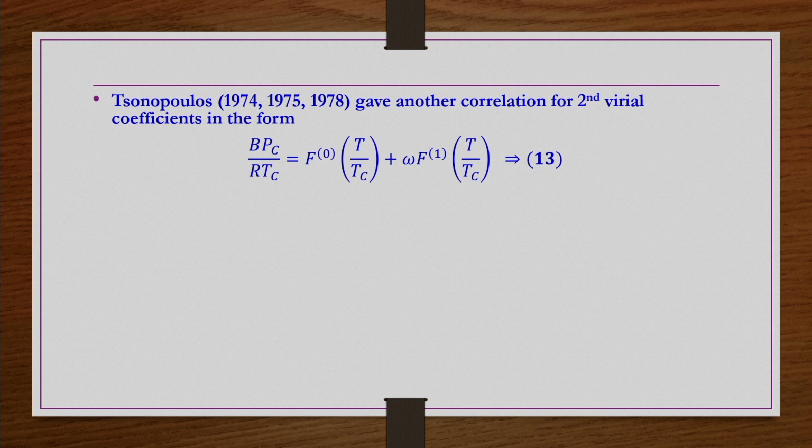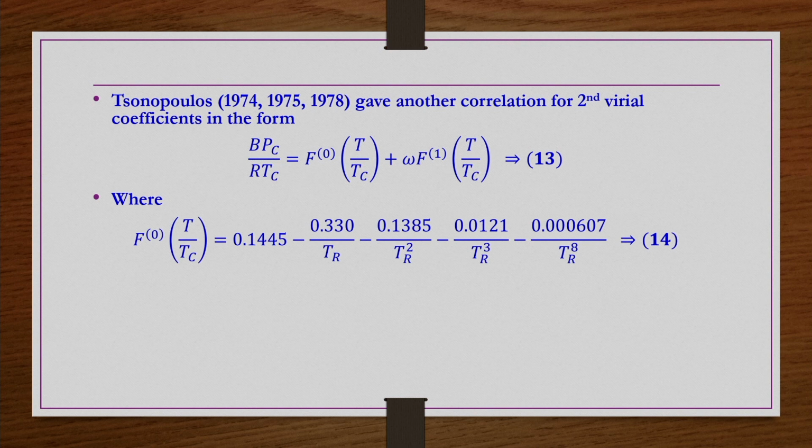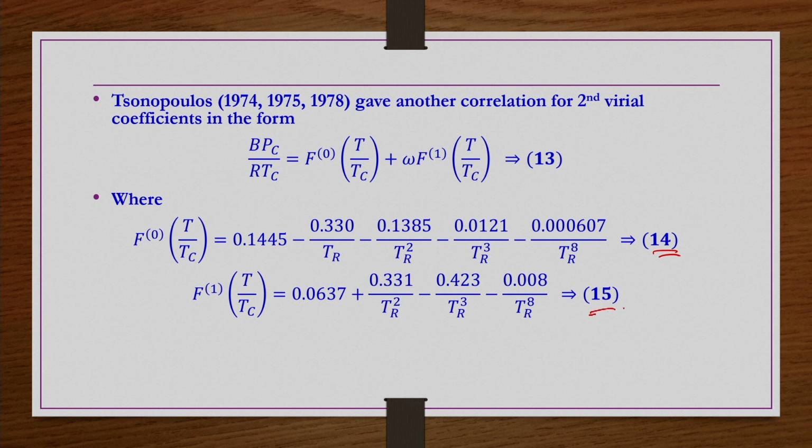These f0 and f1 are again functions of Tr, as given by equations 14 and 15. So for this case, you have to find Tr, substitute Tr in equations 14 and 15 to get f0 and f1, and then substitute f0 and f1 along with the omega value in equation 13 to get B Pc by RTc, and from there you can get the B value.